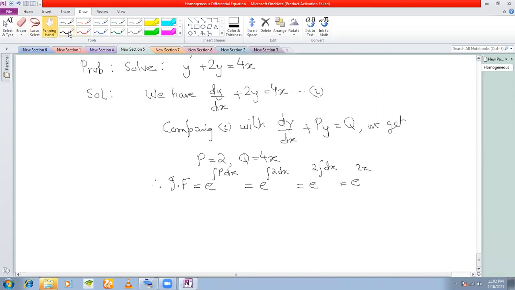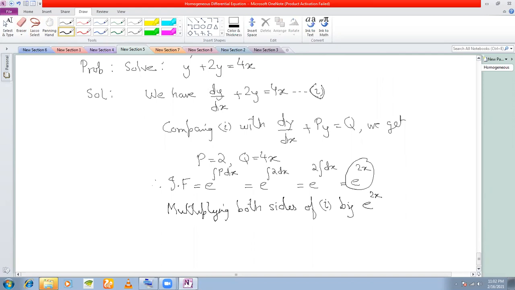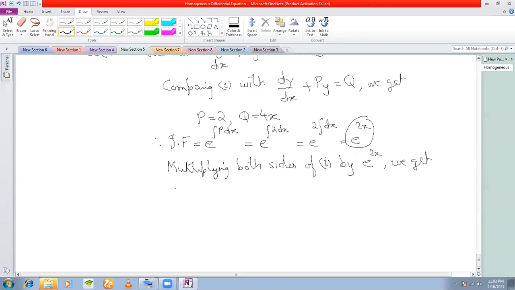So what you do is multiply both sides of the given differential equation by e to the power of 2x, which is the integrating factor. What do we get if you multiply both sides by the integrating factor?